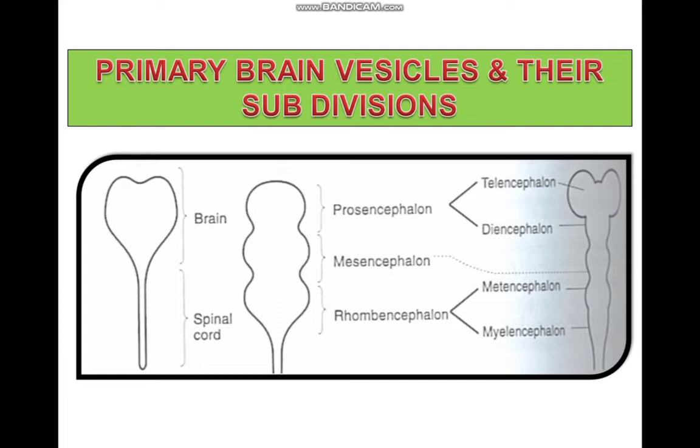These membranes are the dura mater, the arachnoid mater and the pia mater. The dura mater is the outer membrane, the middle one is the arachnoid mater, and the one which immediately surrounds the brain and the spinal cord is called the pia mater.